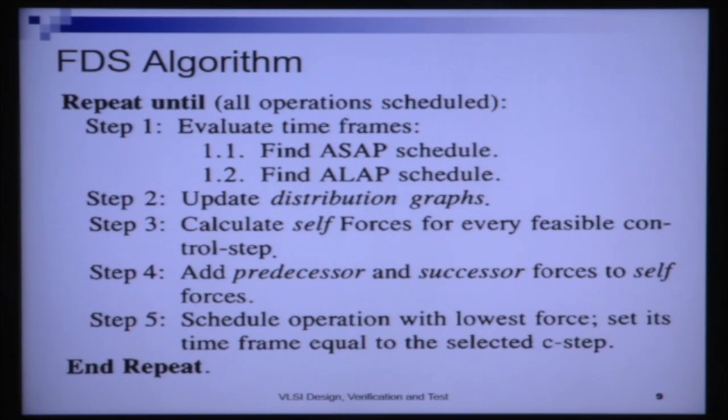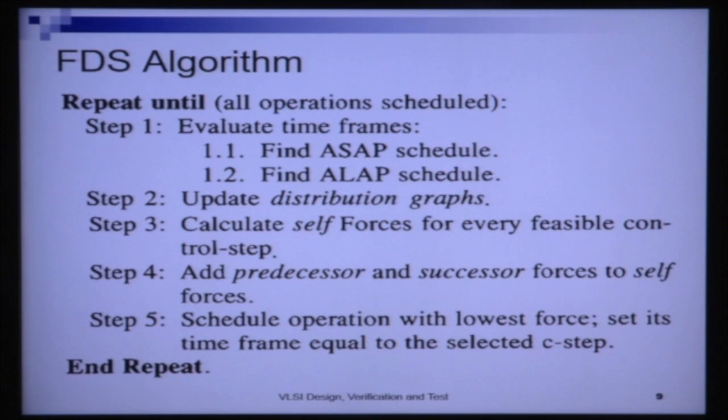Given the probability of assignments, find out the distribution graph for each operation type, and that gives the distribution value for that operation type at each time step. Then calculate self forces for every feasible control step.